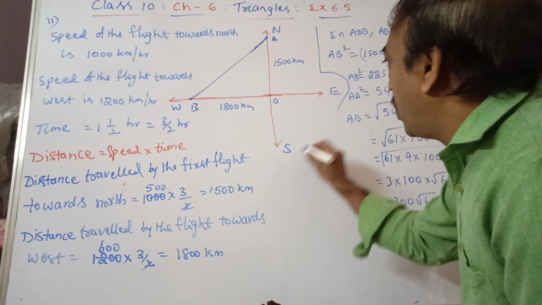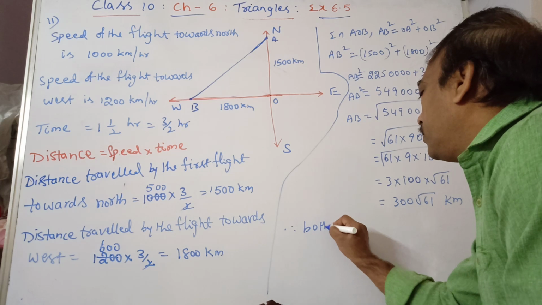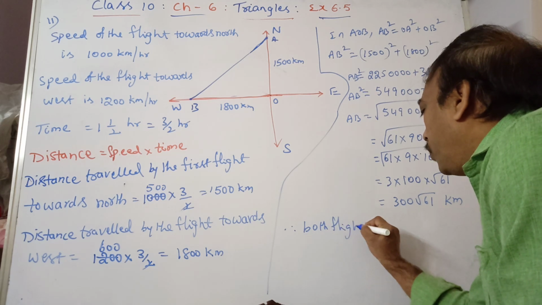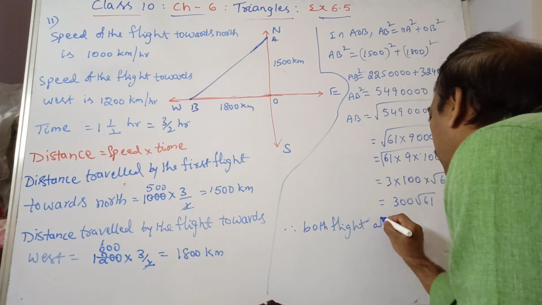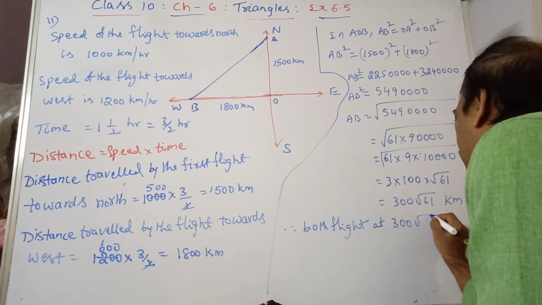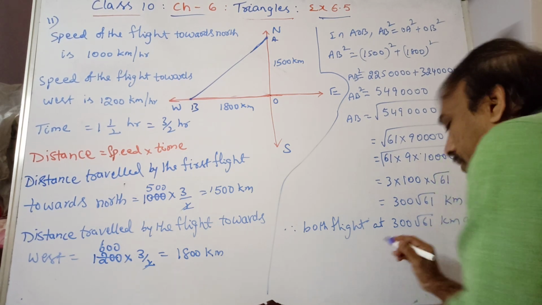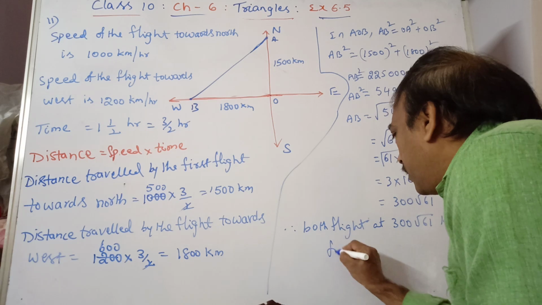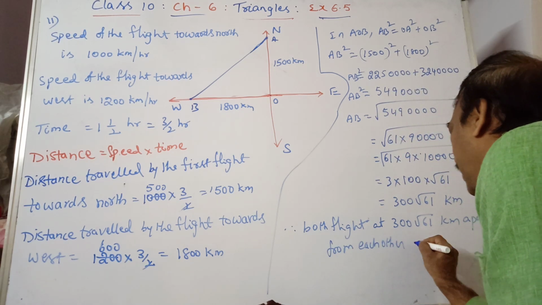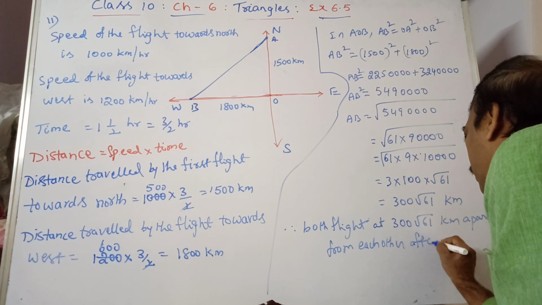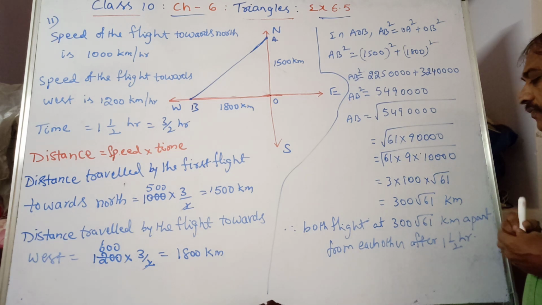Therefore both flights are 300 root 61 kilometers apart from each other after 1.5 hours.